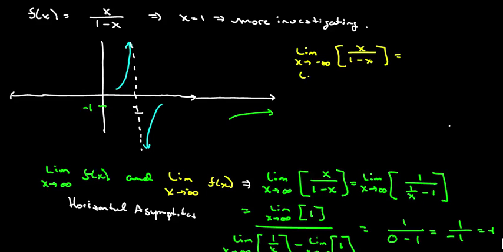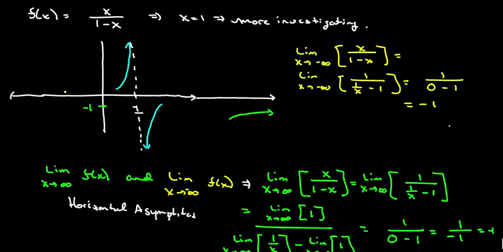We're going to say this is the limit as x approaches negative infinity of 1 over x minus 1. Now, we don't have to write this all out. Let's just go through this. As x goes towards negative infinity of 1, we get 1. As x goes towards negative infinity, this thing just becomes 0. And as x goes towards negative infinity of this, we get that minus 1. And so we again get 1 over negative 1, which is negative 1.